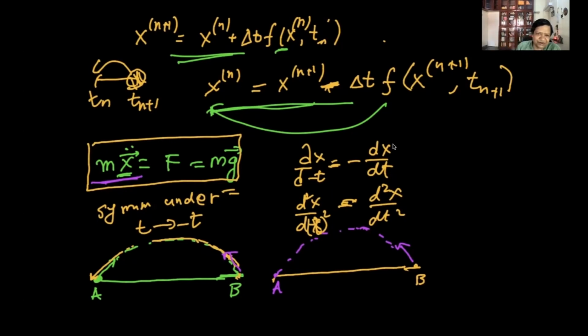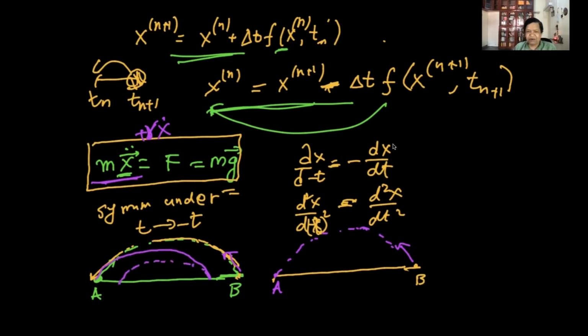Of course, when you put in friction, the equation is not symmetric, and the projectile motion is not symmetric either. If I put gamma x dot as one such force, then this equation is not symmetric, because x dot will change sign under T going to minus T. Forward motion is not really a parabola, it's like this, and backward motion, if I just go backward from here, will be even smaller, like that.